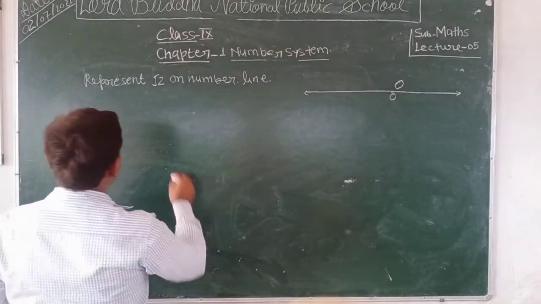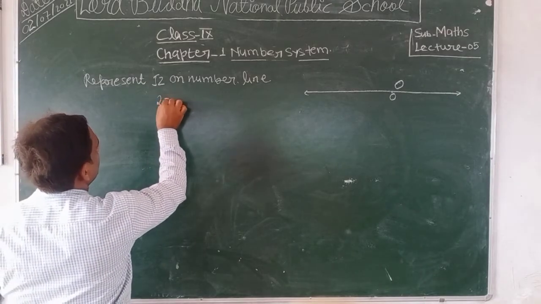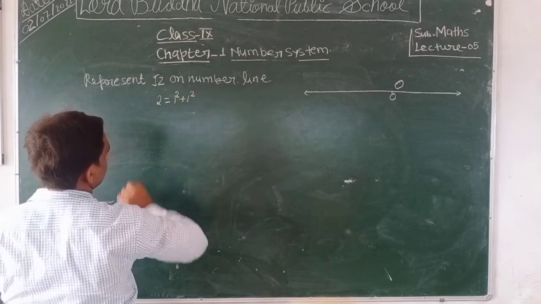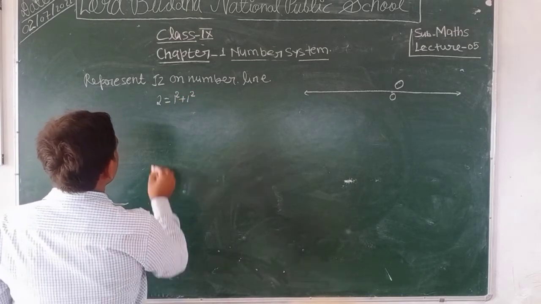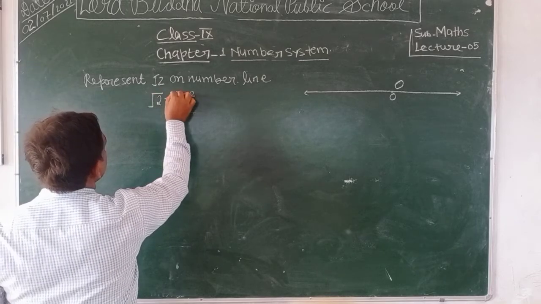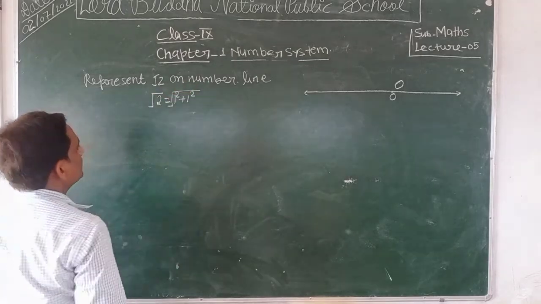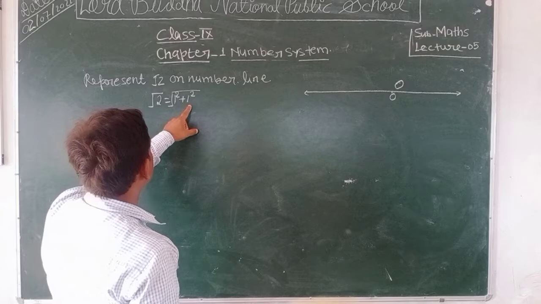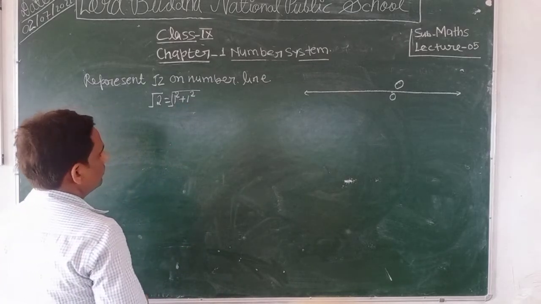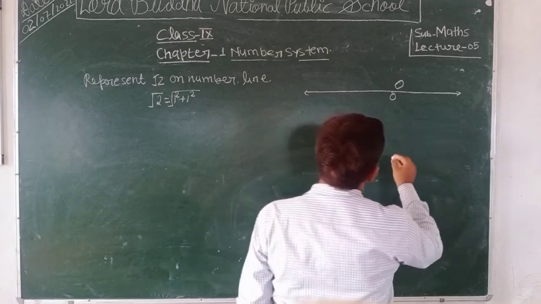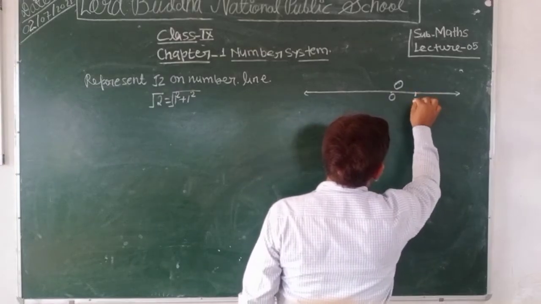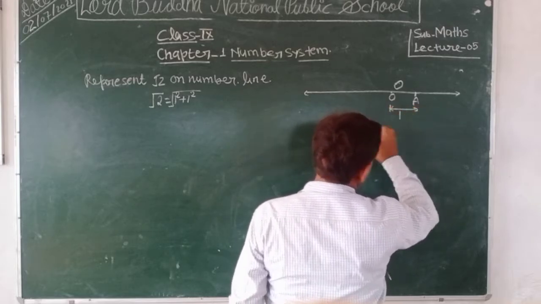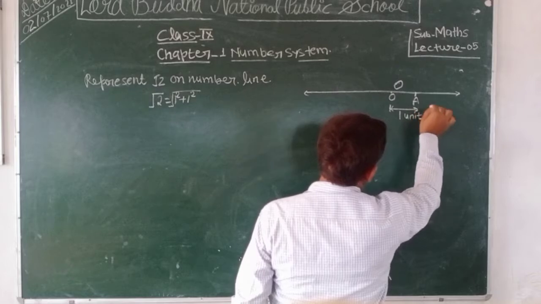Now we can write 2 as 1 square plus 1 square. If we take the square root on both sides, then root 2 equals the square root of 1 square plus 1 square. Now, we mark a point A on the number line, which is 1 unit.